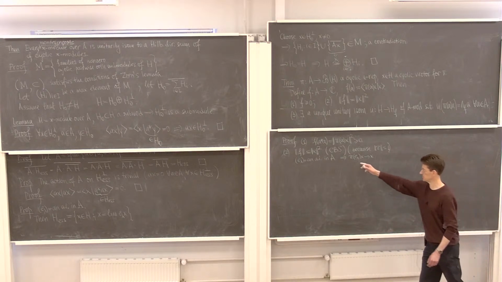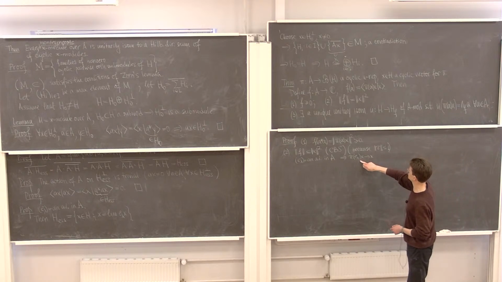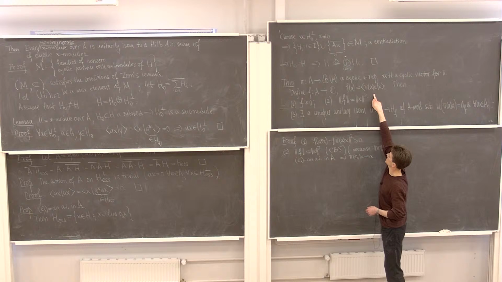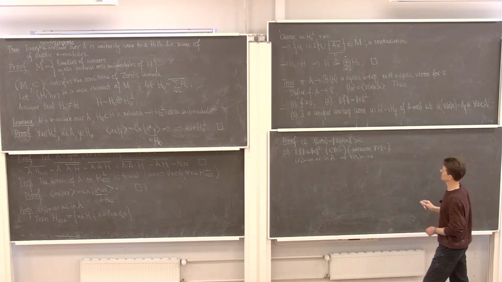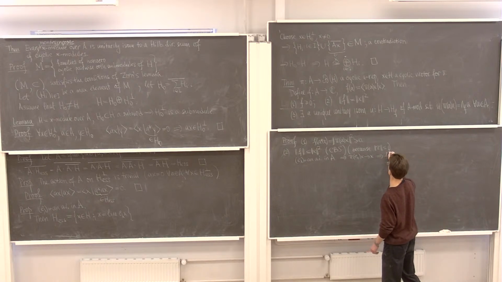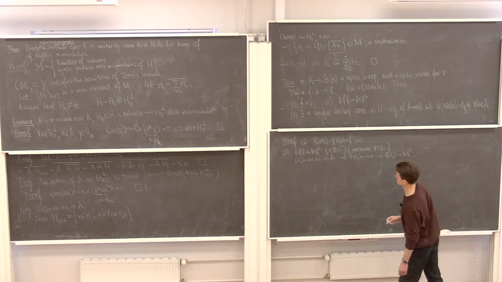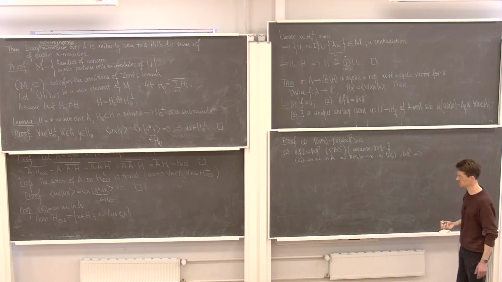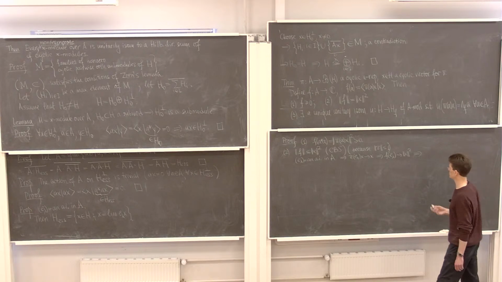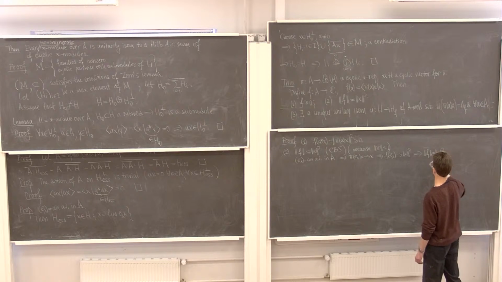This is true for any non-degenerate star module. If we now substitute it here, we see that the right-hand side converges to the norm of x squared. So we conclude that f of e_lambda converges to the norm of x squared. And as a result, since e_lambda is in the unit ball, our approximate identity is assumed to be in the unit ball of A, we conclude that the norm of f is exactly the norm of x squared.